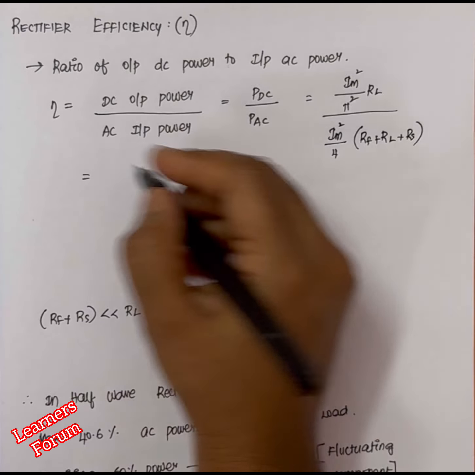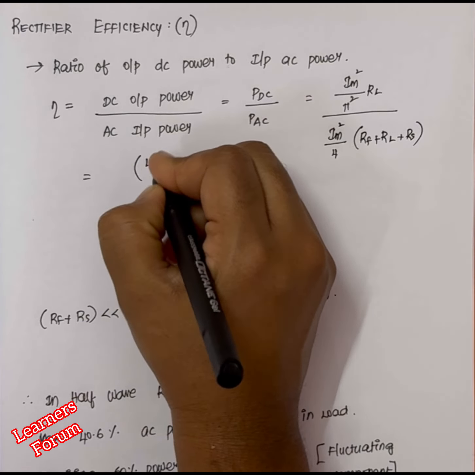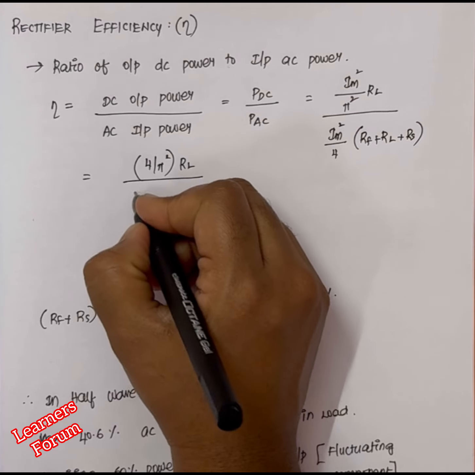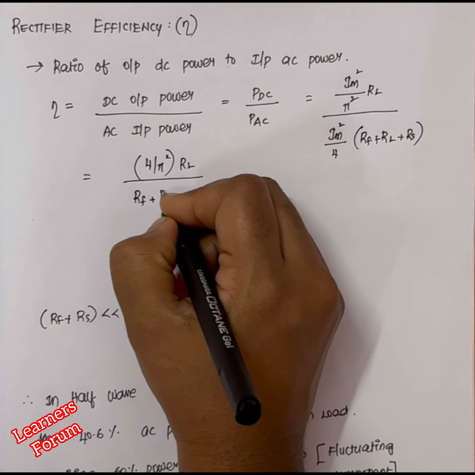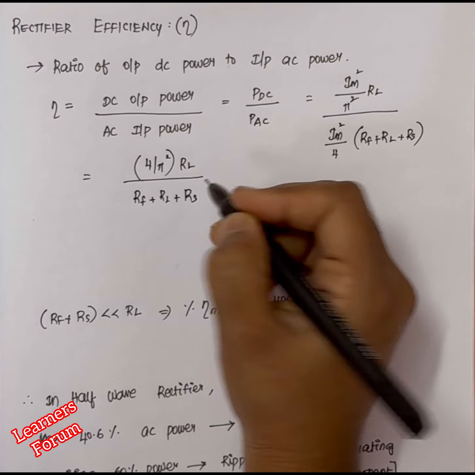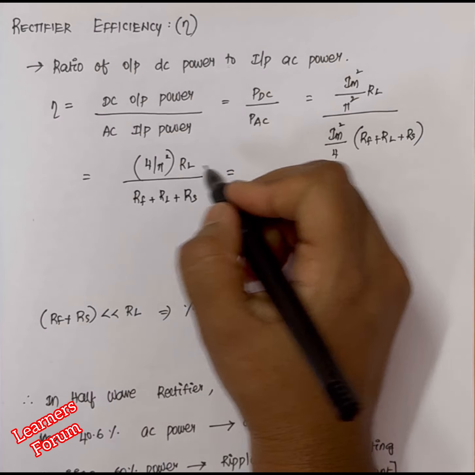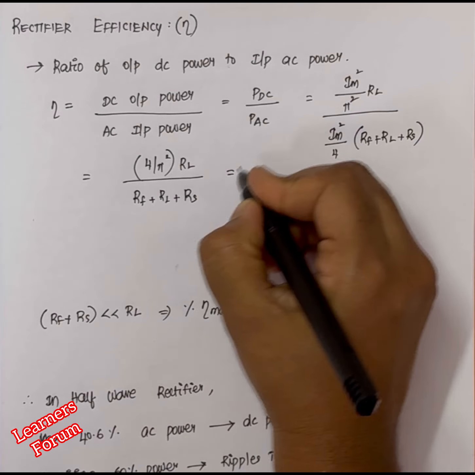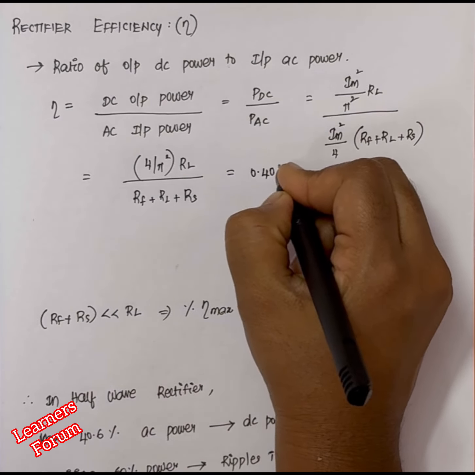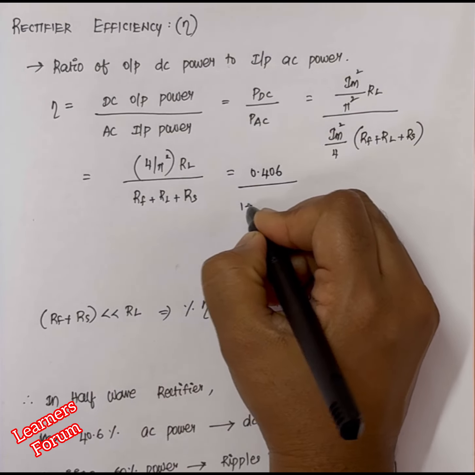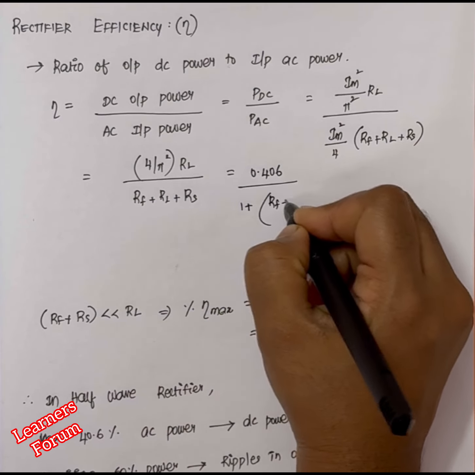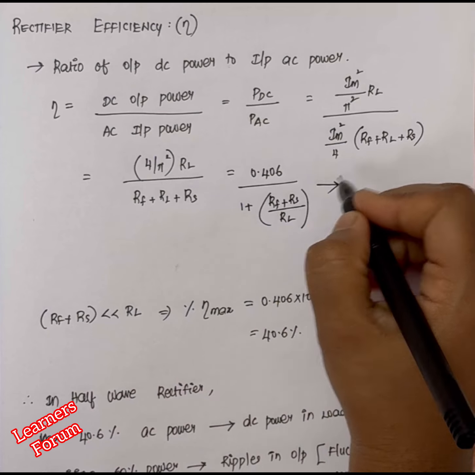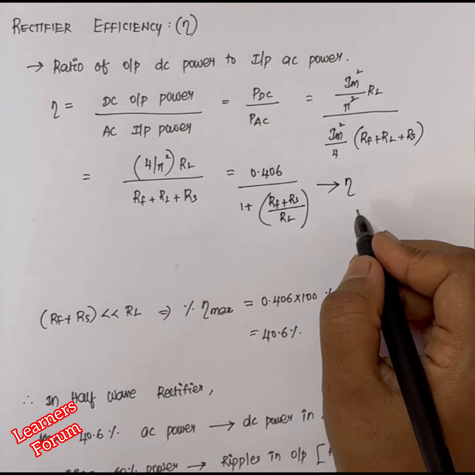Simplifying this, we get 4 by pi square into RL divided by the total resistance RF plus RL plus RS, which after substituting the value of 4 by pi square is 0.406 divided by 1 plus (RF plus RS) divided by RL. So this is the net equation for rectifier efficiency eta.